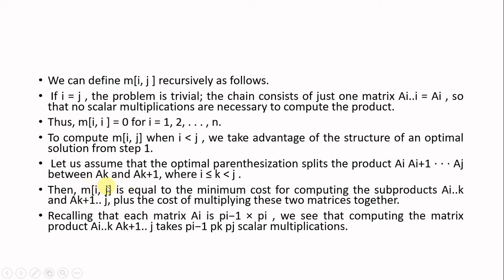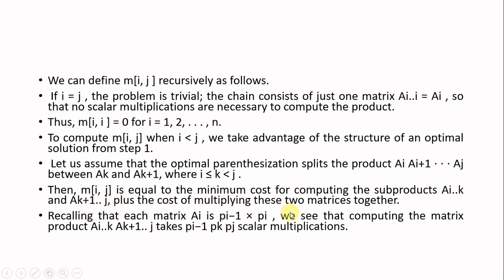So we have Ai to k, then Ak plus 1 to j. We have two products now, and the cost of computing these two products plus the cost of multiplying these two products. So we have two subproducts, Ai to k and Ak plus 1 to j, plus the cost of multiplying these matrices together.